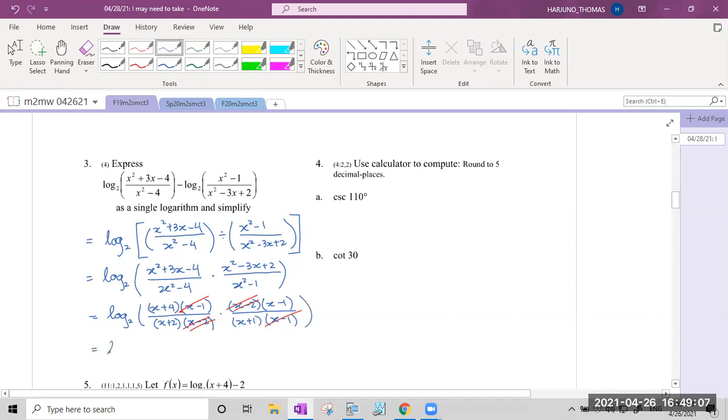So this will be log base 2 of, we want that in a single log, right? So log base 2 of x plus 4 times x minus 1 over x plus 2 times x plus 1.